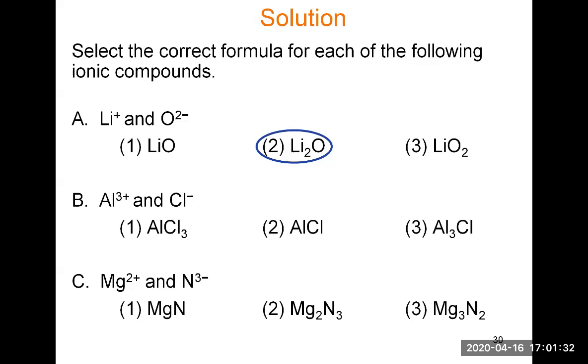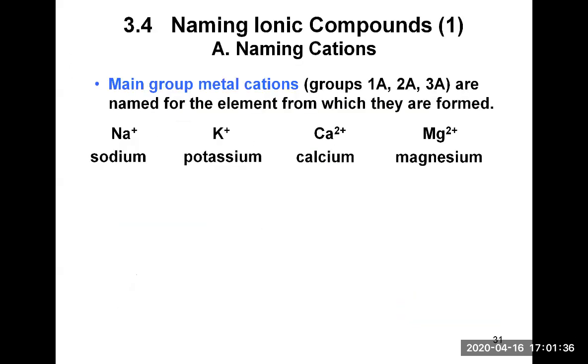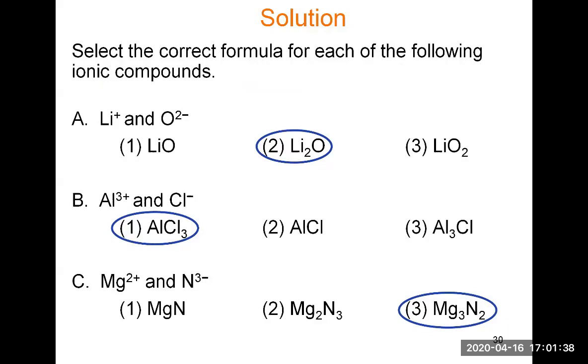And so it becomes AlCl3. And that is the correct formula, because you can see that 1 aluminum with 3 positive charges cancels the 3 negative charges coming from the 3 chloride ions, because each chloride ion carries 1 negative charge.